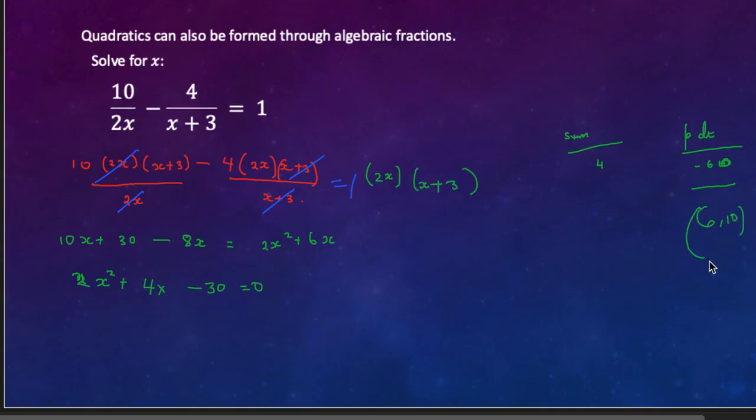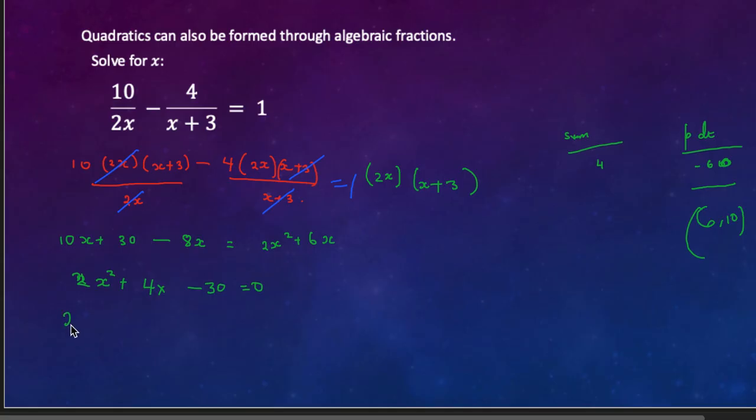So which number do we give a negative sign so that we can get a negative 60 and a positive 4? That would be negative 6. Sorry about that, negative 6.